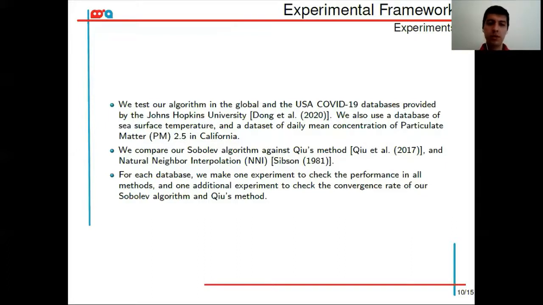We compare our Sobolev algorithm against Q method and natural neighbor interpolation. For each database, we make one experiment to check the performance and one additional experiment to check the convergence rate between the Sobolev norm and the Q method.